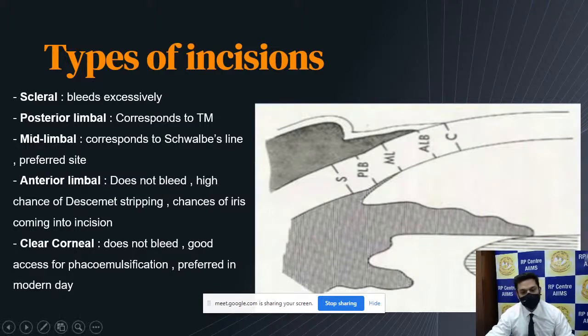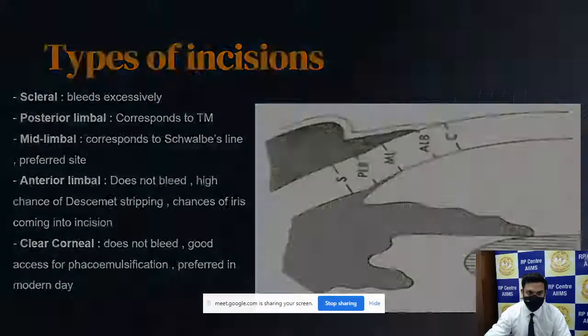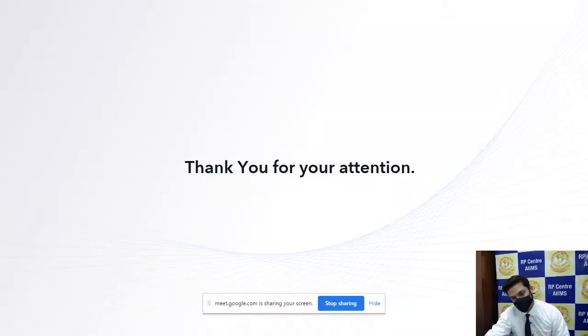Let us now consider the layers of cornea, starting with the development of the epithelium.